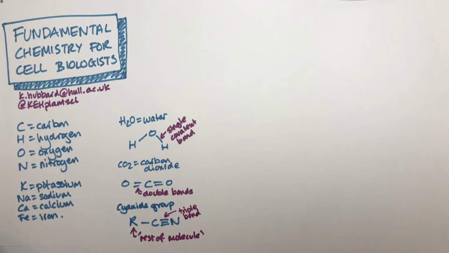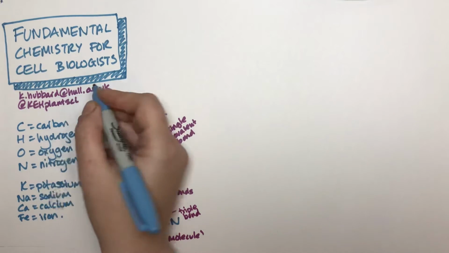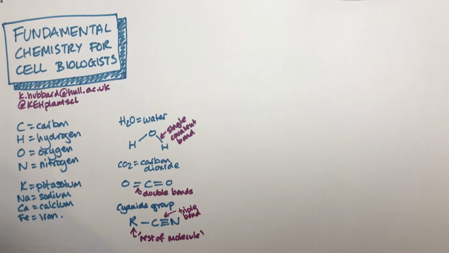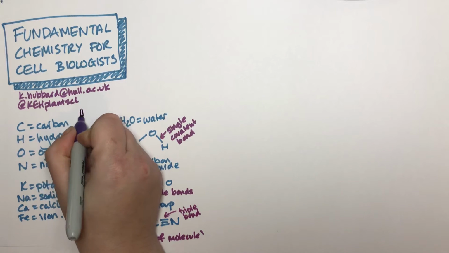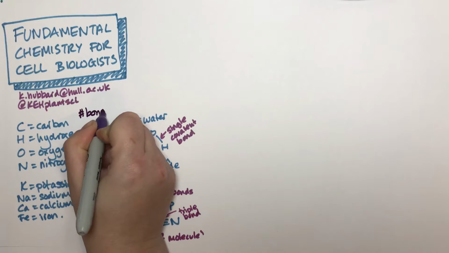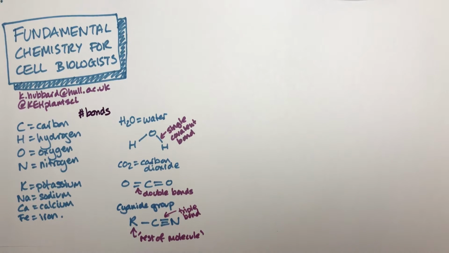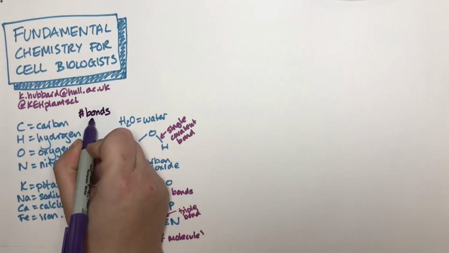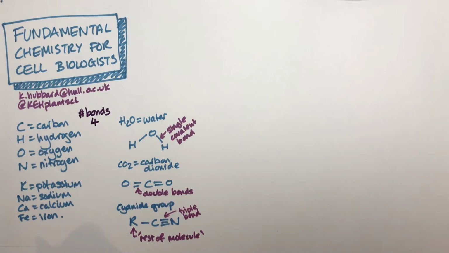Okay? So what you'll notice with our 4 main elements is that they have a characteristic number of bonds that they tend to form if they're forming covalent bonds in a structure. So carbon will always form 4 bonds. Here we've got 2 bonds to this oxygen and 2 bonds to this oxygen. That's a total of 4. Here we've got 1 bond to the R group and 3 bonds to the nitrogen. So carbon always forms 4 bonds.